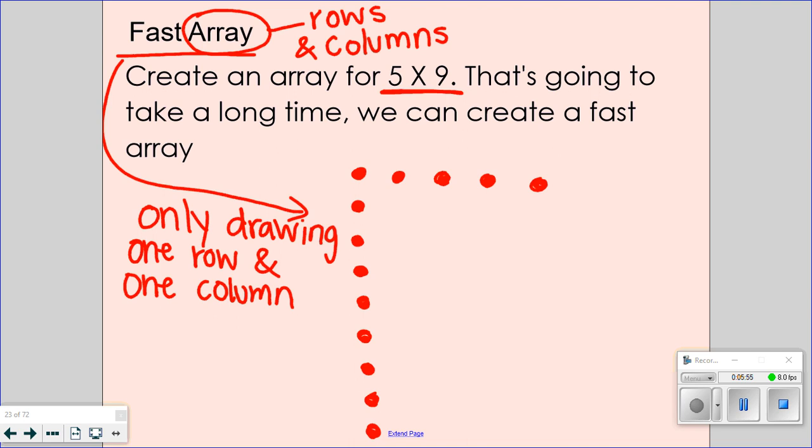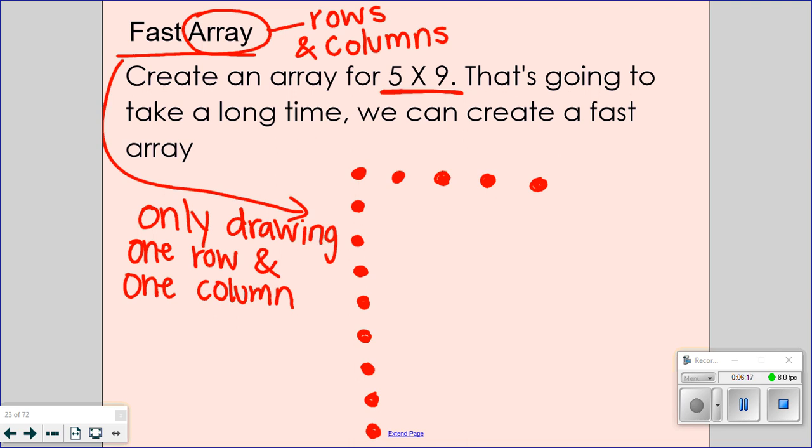Does that mean that 5 groups of 9 is 1, 2, 3, 4, 5, 6, 7, 8, 9, 10, 11, 12, 13? No. There are still dots here. We just didn't draw them. Does that make sense?